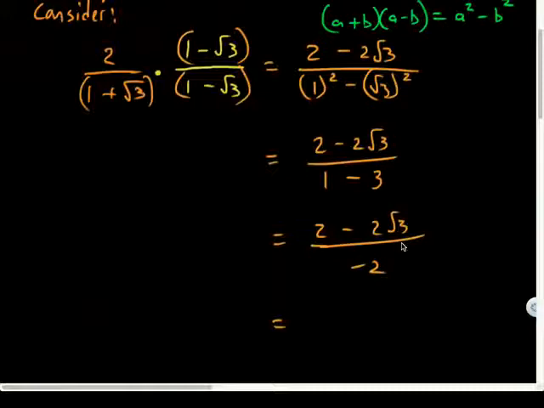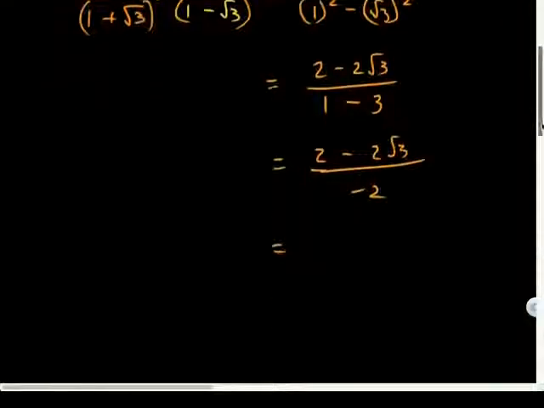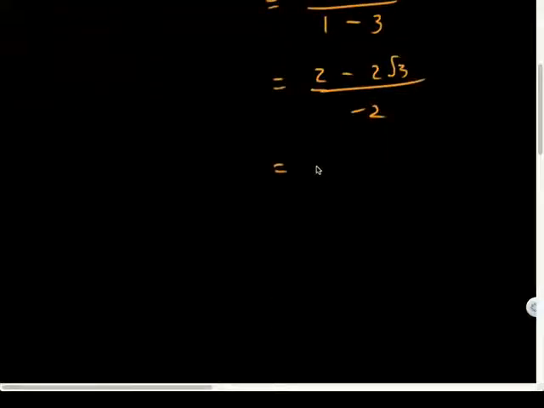Well, a couple ways to think about this. You might remember back when we talked about dividing by a monomial, you could just break up each term by said monomial, right? Divide it out like that. And 2 over negative 2 is negative 1.